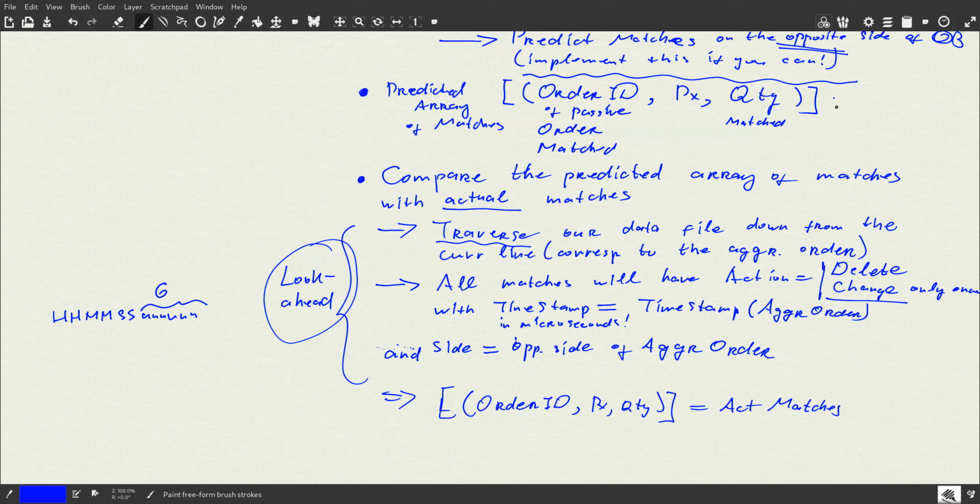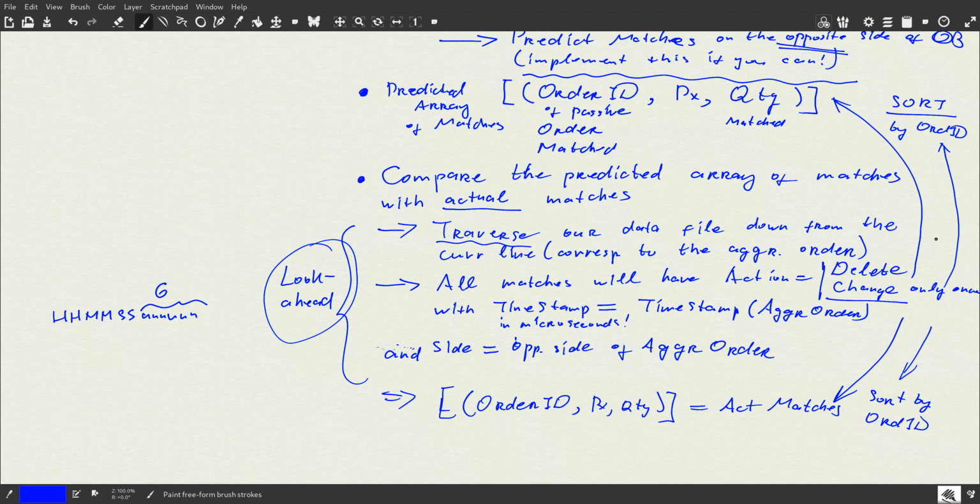In order to compare the two, predicted matches and actual matches, you need to sort both, say by order ID, and sort this by order ID, and compare.